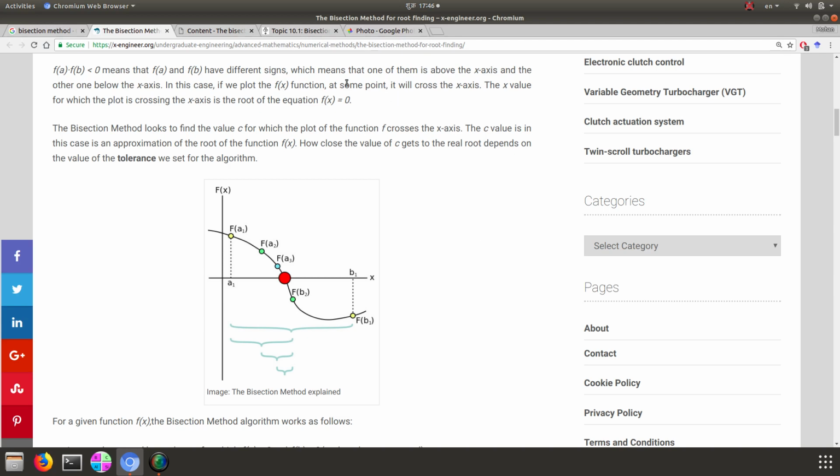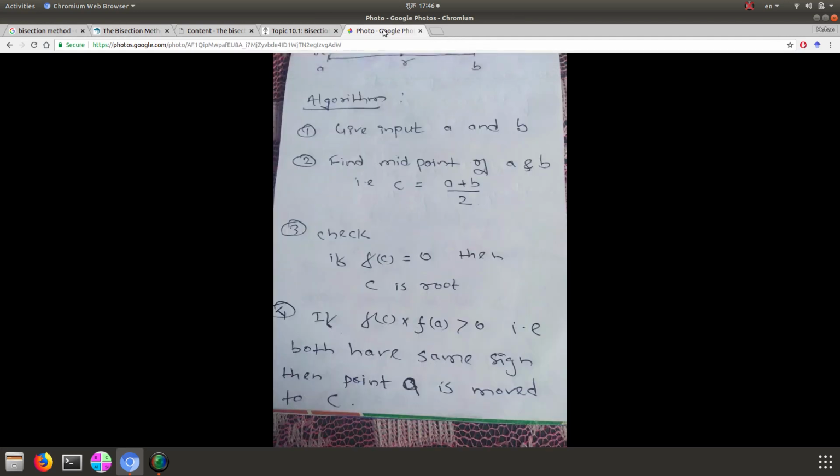For writing code in Fortran, we should have an algorithm. First of all, we give 2 values of x, a and b. Make sure that the value of the function at point a and at point b have opposite sign. It does not matter whether f of a is positive or f of b is negative or vice versa.